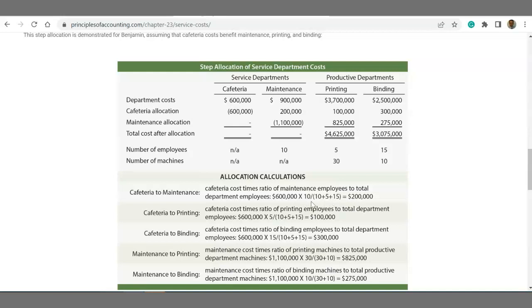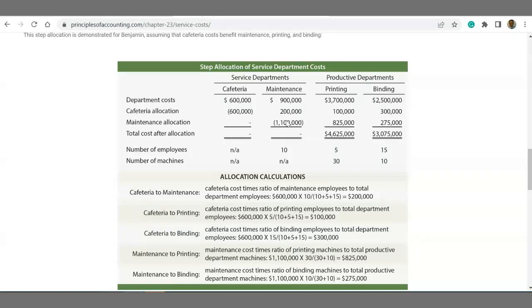So 10 out of 30 in the maintenance, maintenance gets $200,000 of cost of cafeteria. And then printing gets only 5 out of 30, and that's 100,000. And binding gets 15 out of 30, and that's 300,000. So that's how you allocate on step one under step method to every single department that has an employee.